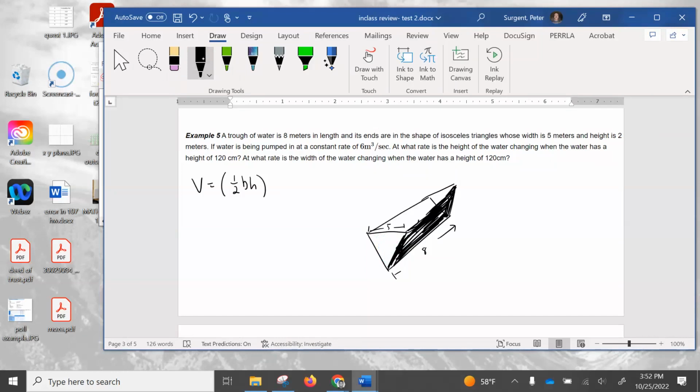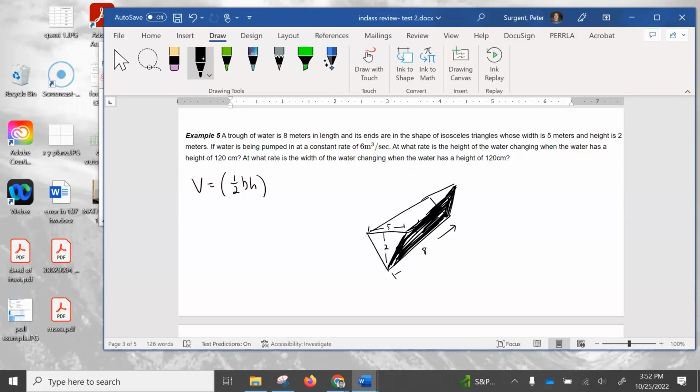So we've done these kinds before, right? You got to picture water in that thing, right? And then there's going to be a similar triangle that you can work with. I think you're going to do the calculus after you do some substitution.